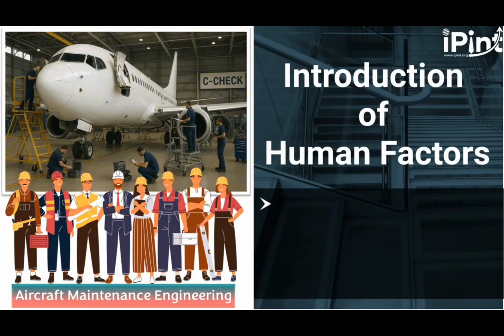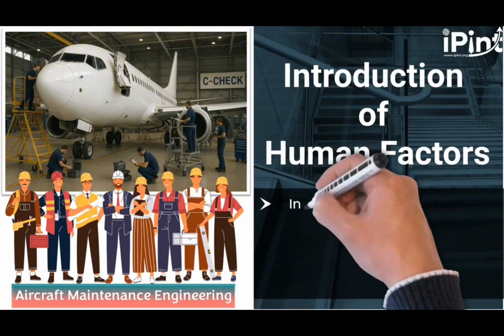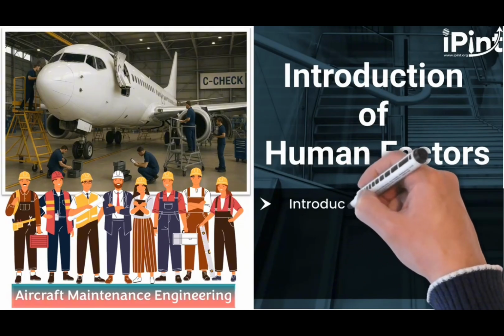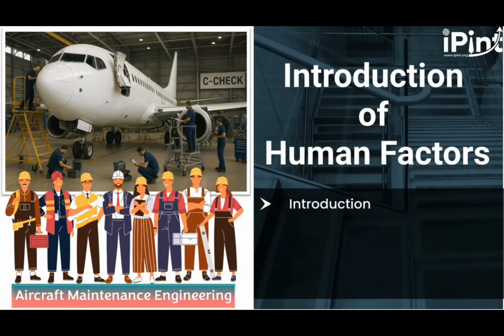In this part of the training, we will be covering 5 key topics together. We begin with the introduction itself, establishing what human factors is as a discipline, how it evolved within the aviation industry, and why understanding it is no longer optional for anyone working in this field.